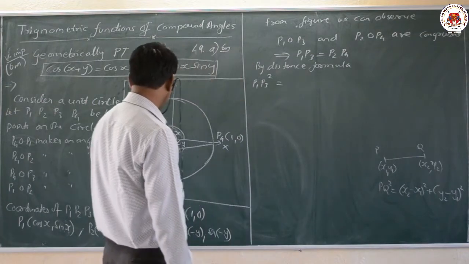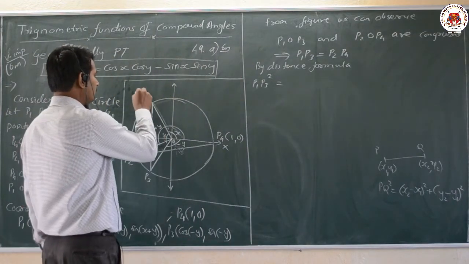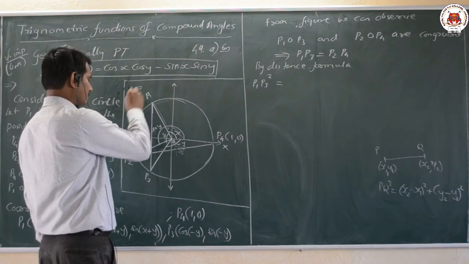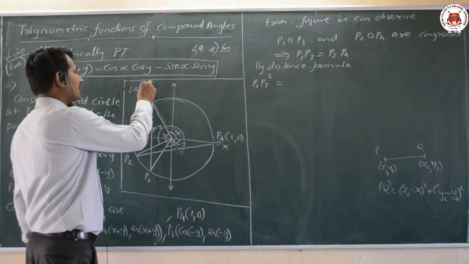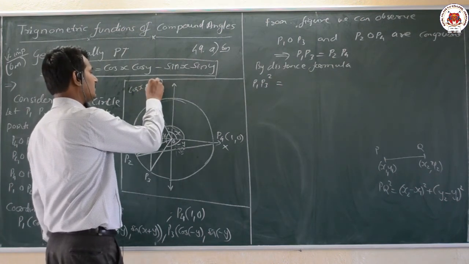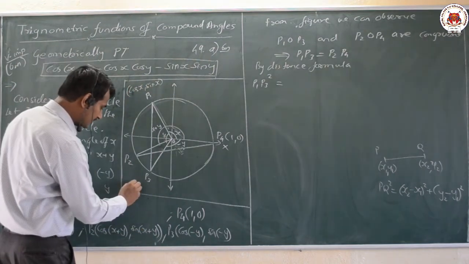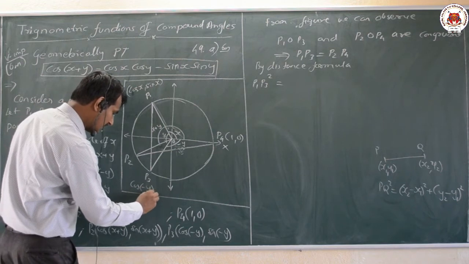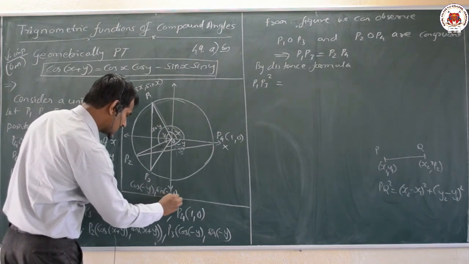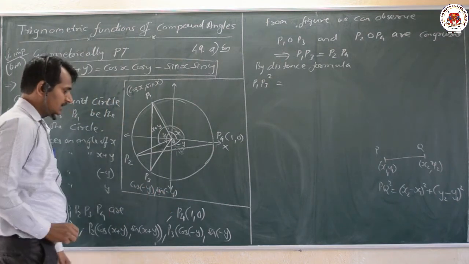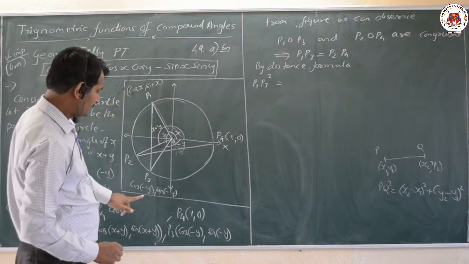Now according to that, what are the coordinates of P1? That is cos x and sin x. And what are the coordinates of P3? That is cos of minus y comma sin of minus y. These are x1, y1 and x2, y2.